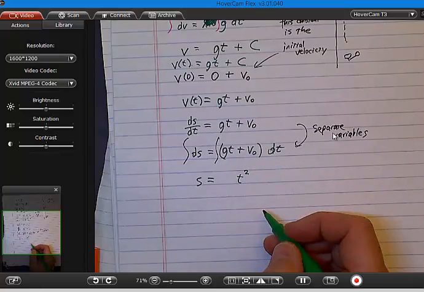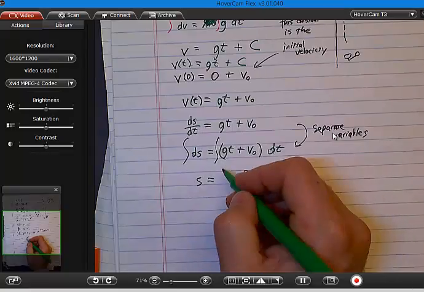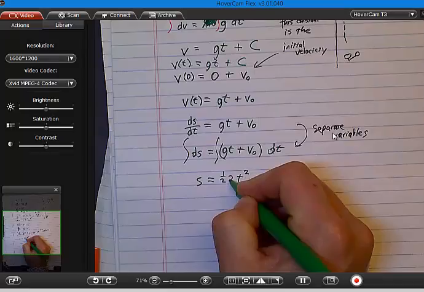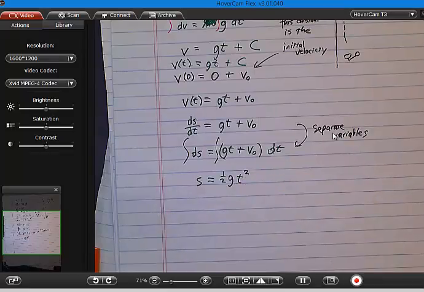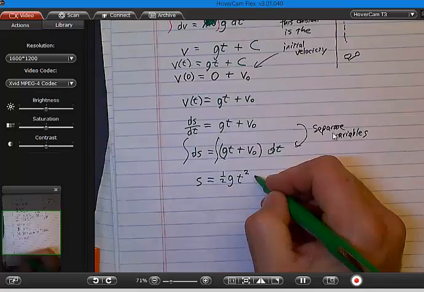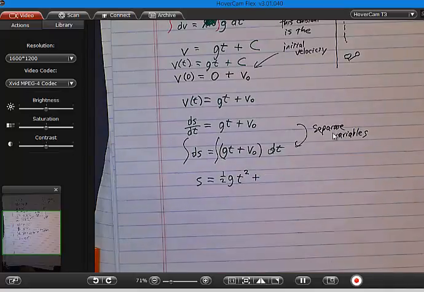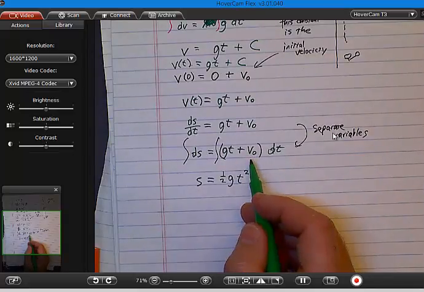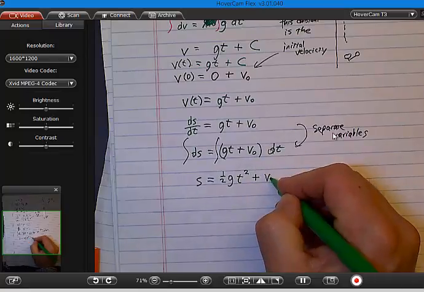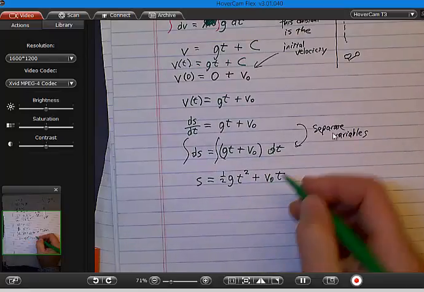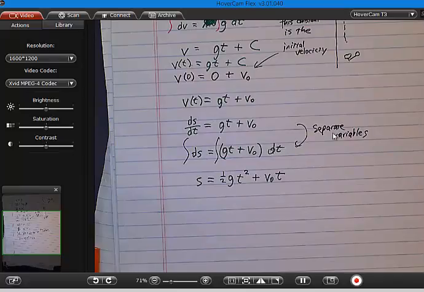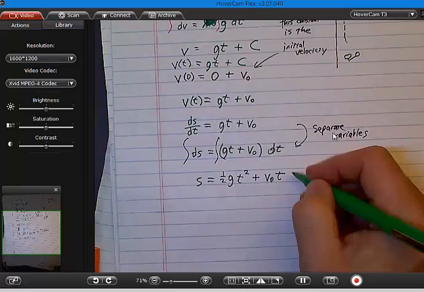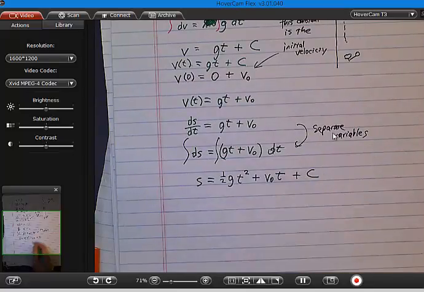But what do I have to put out front? A 1/2. And so you'll get 1/2 gt squared. That might seem familiar to some physics people, okay? Plus, well, that was a constant v naught, and so I'll write v naught t. Does that make sense? Plus some constant.